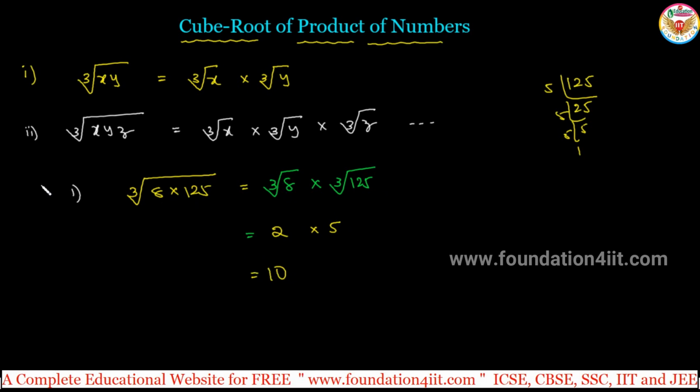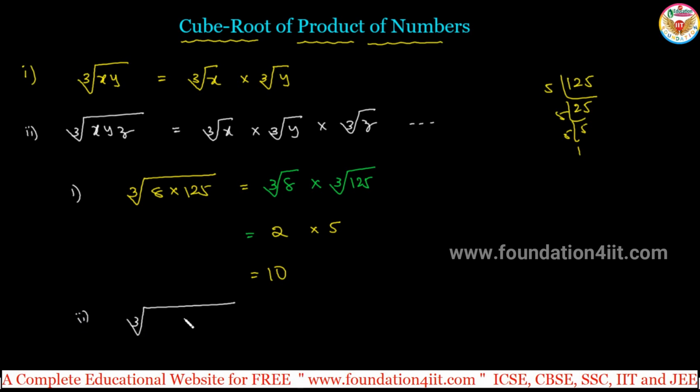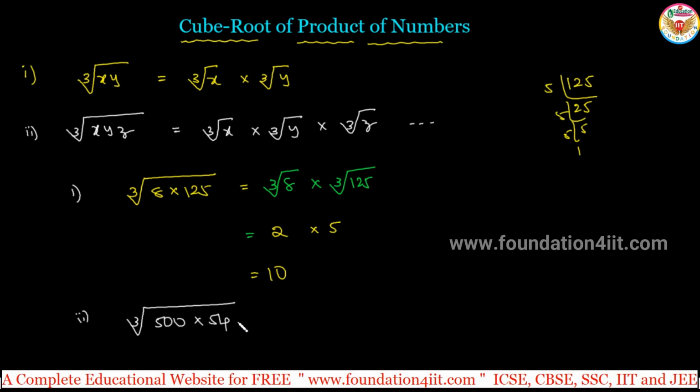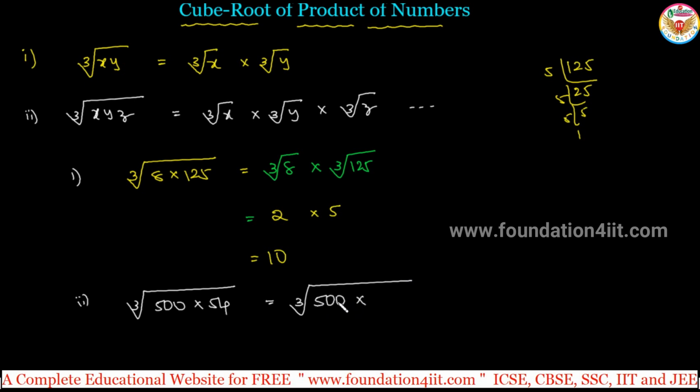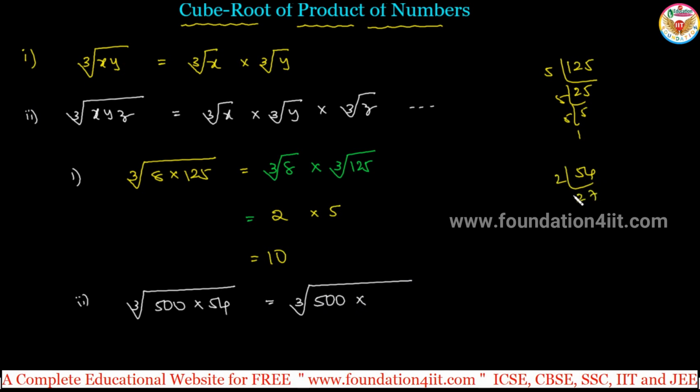In some cases we need to mix and split separately. For example, cube root of 500 multiplied by 54. Now this one we can make into parts. Cube root of 500 is as it is. 54 is 2 into 27.